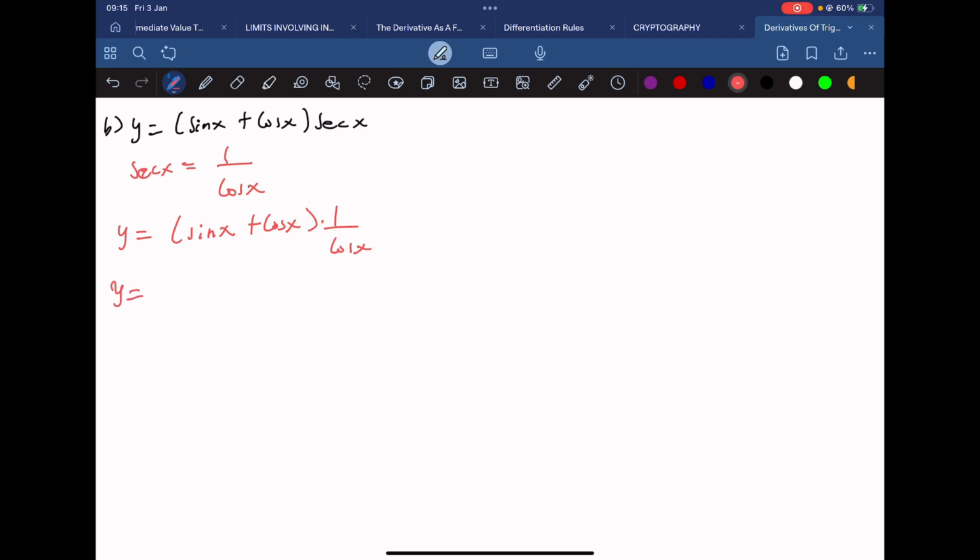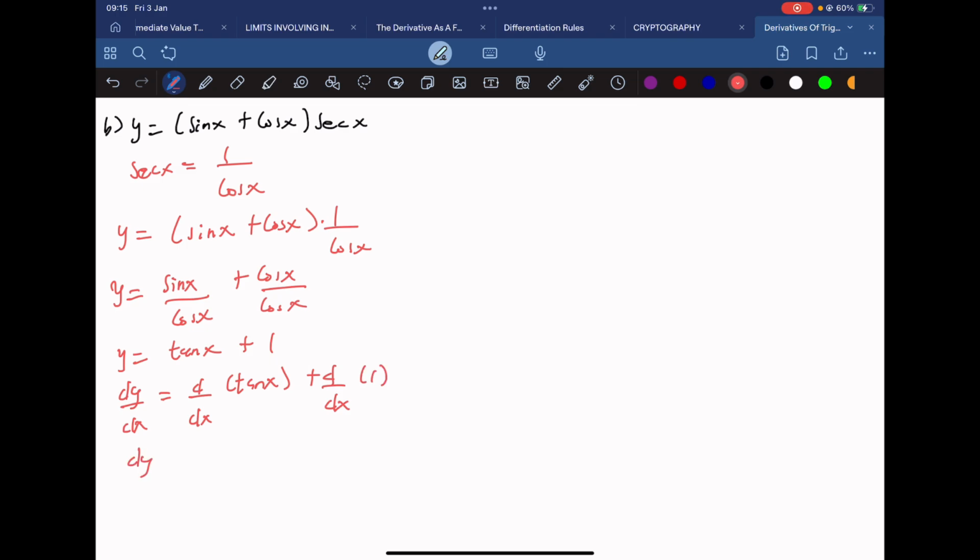So if we distribute it, we have sine x over cos of x plus cos of x over cos of x. So sine over cos is tangent, cos over cos is 1. So now we can go ahead to just differentiate this. So dy dx is d dx of tan x plus d dx of 1.